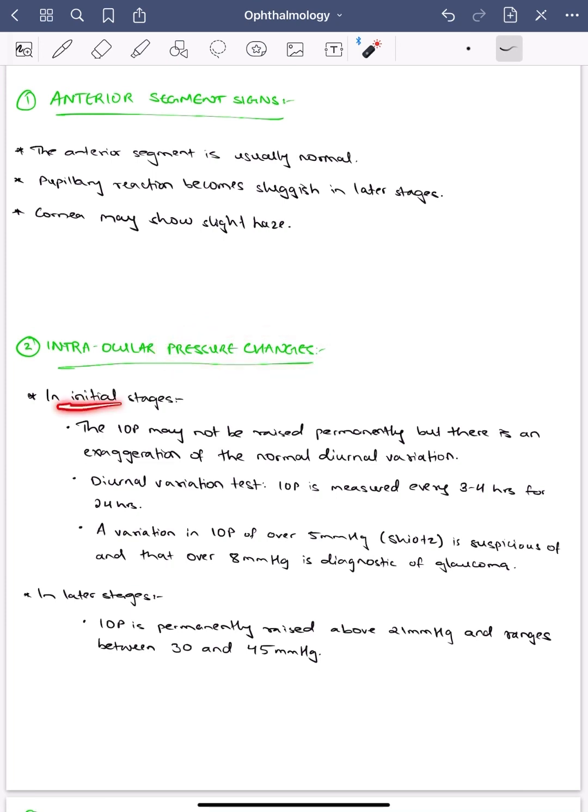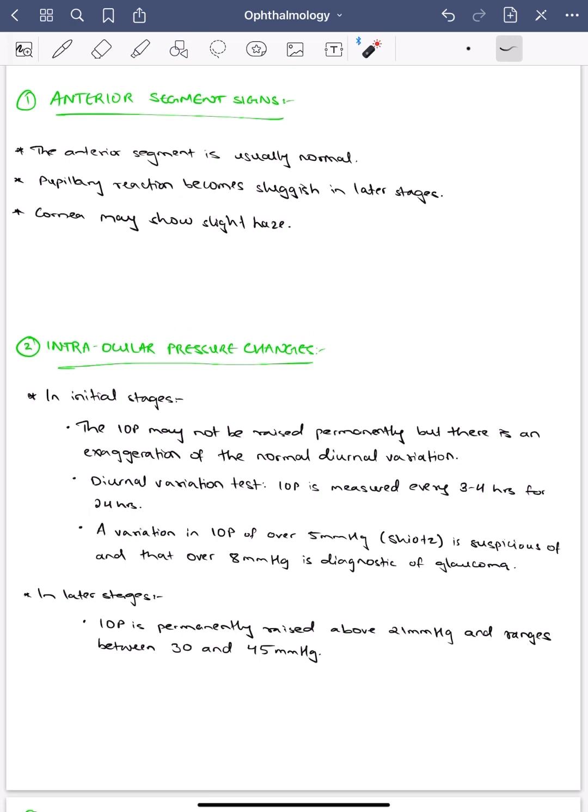The second is the intraocular pressure changes. In the initial stages, the IOP may not be raised permanently, but there is an exaggeration of the normal diurnal variation of intraocular pressure. For this, we do the diurnal variation test, and here the intraocular pressure is measured every 3 to 4 hours for 24 hours.